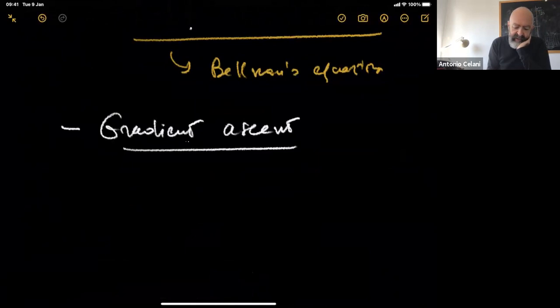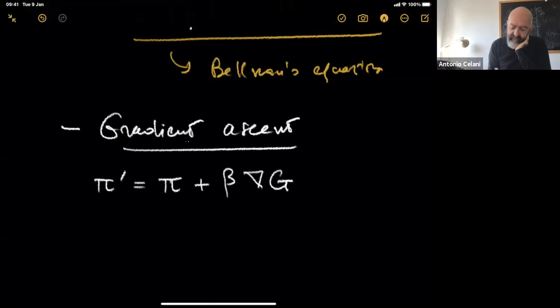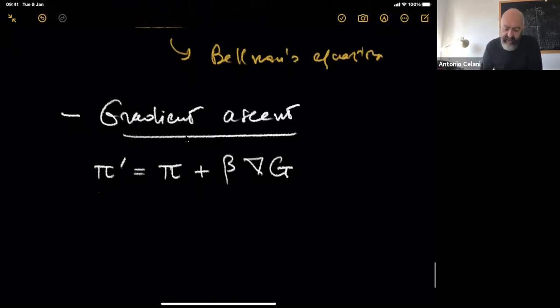Well, the idea is that if you have a gradient, you could say, okay, I'm going to move from my current policy using some little step beta in the direction of the gradient. This is a very intuitive idea. It's making a step, and the length of this step in the general case is proportional to the intensity of the gradient, and this proportionality constant is called the step size beta here.